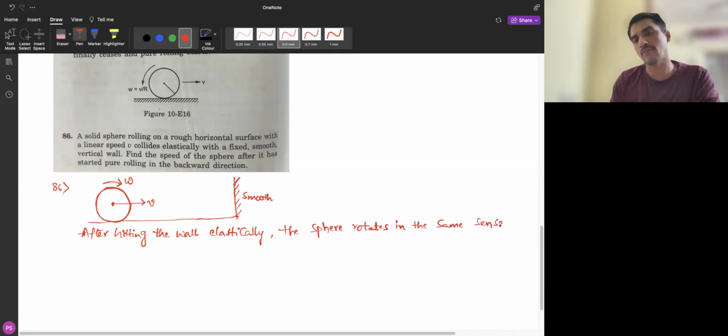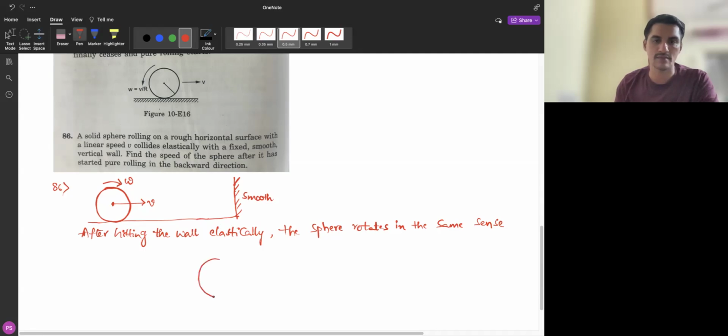Same sense means what? Before hitting, it was moving in clockwise direction, means it was rotating in clockwise direction. Even after hitting also, it comes in backward direction only, but it rotates in clockwise direction. Means the situation will be like this.